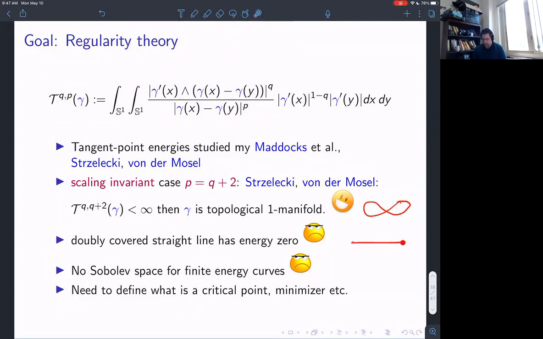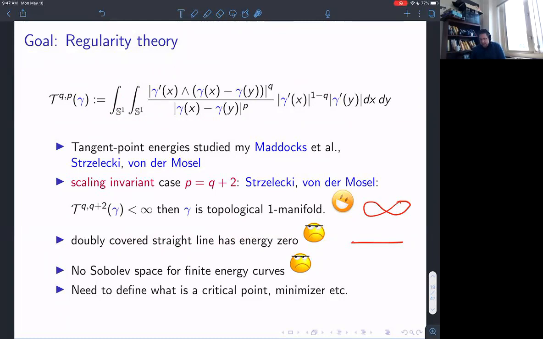You can go there, then you go back, then you go there, and then you go back. That still is 0 because it doesn't care about the parameterization. So the doubly covered straight line, for example, which is certainly not a homeomorphism, is 0. So the energy can be finite. It can even be the global minimizer for things we wouldn't accept as a knot. It's not a homeomorphism.